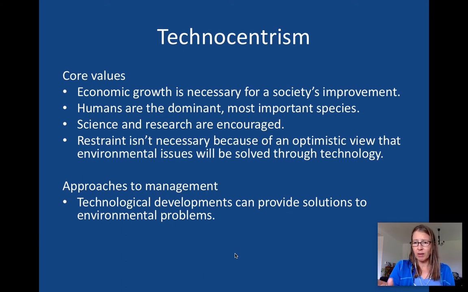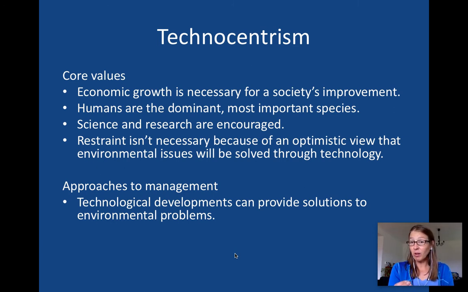Now, all three of these value systems can live inside one single individual, and all of the approaches working together can help solve major world problems. So from here on out, you're going to be looking at different problems, and you need to be able to talk about how the different environmental value systems would approach those problems.